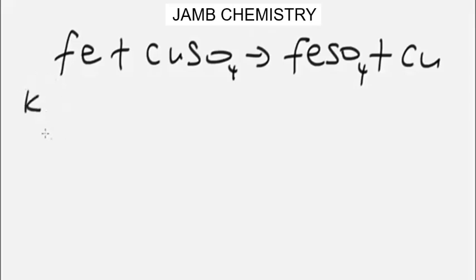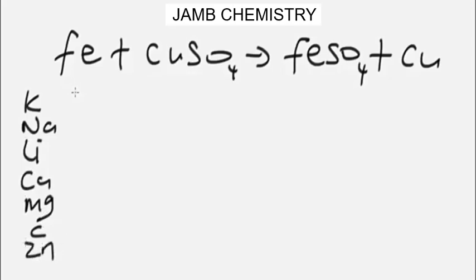So guys, this is very important. You just have to know this. We have sodium, lithium, calcium, magnesium, carbon, zinc, iron, hydrogen, and copper. So this is the reactivity series of metals.